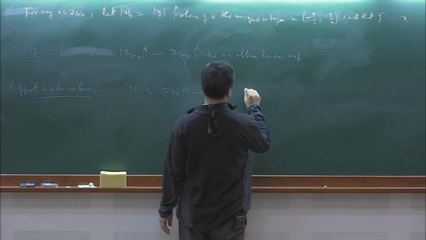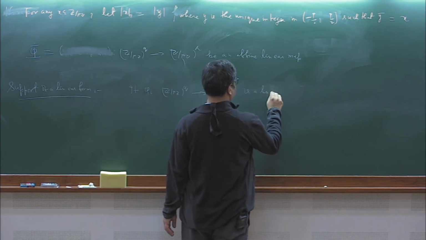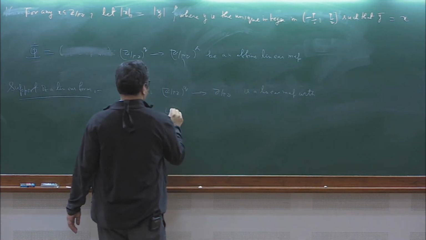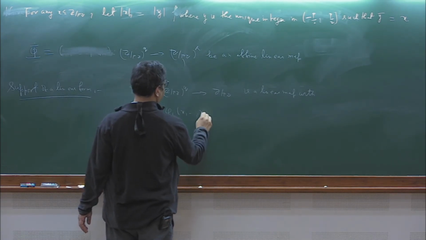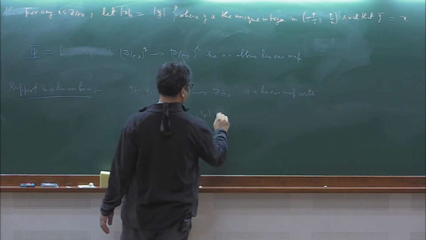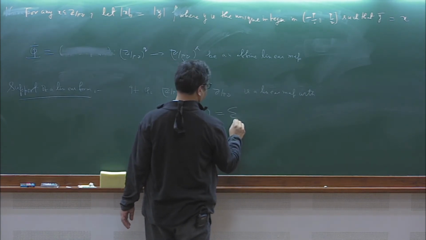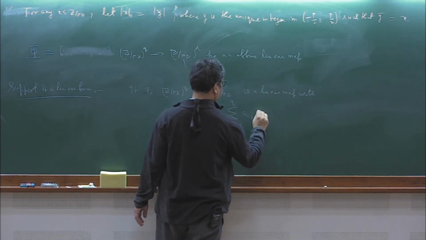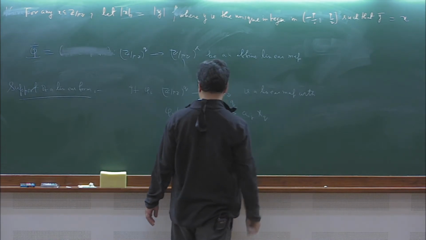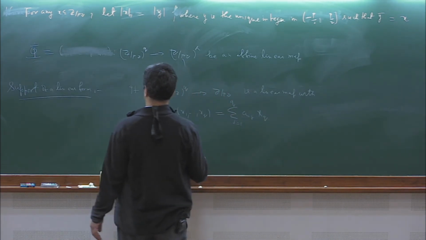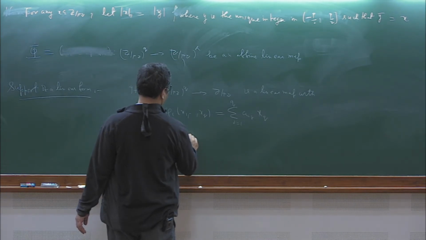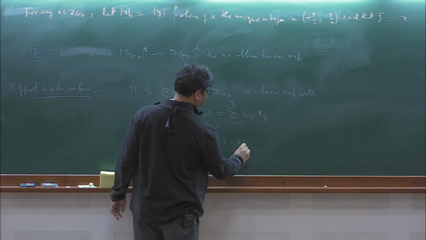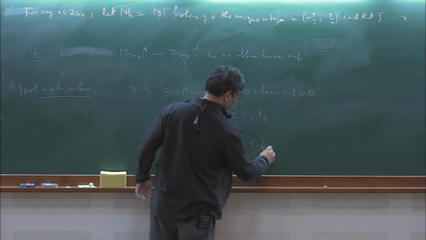Ez is a linear map with phi I of xq, then support of phi I is equal to those j's such that a_ji is not equal to 0.